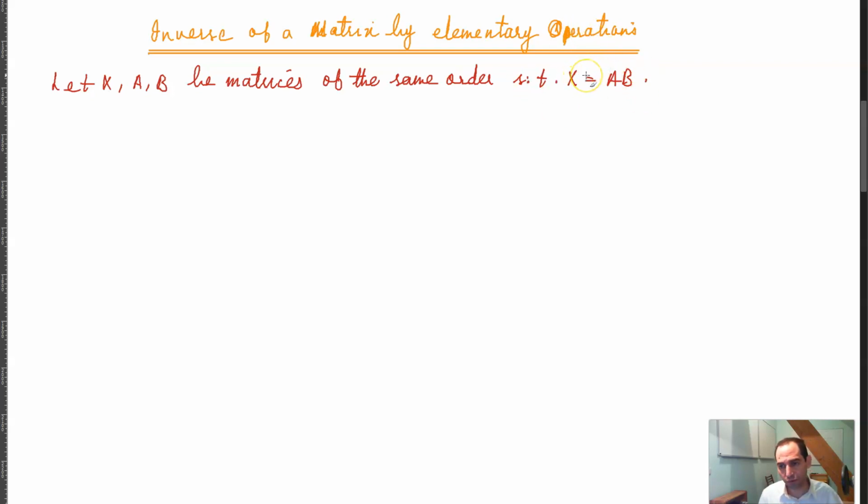Of course you have to apply them on both sides of the equation, so you apply these row operations simultaneously on X, which is the LHS, and also on the first matrix A of the product AB on the RHS.